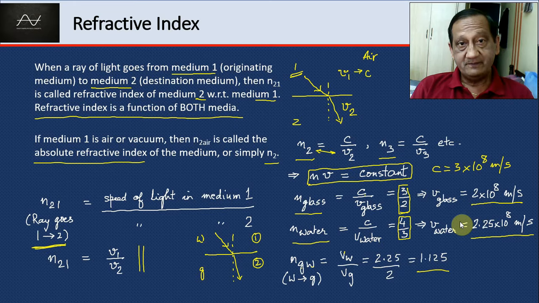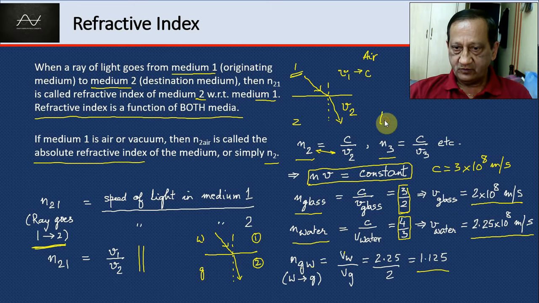Now, if you compare water and glass, water has a lower refractive index. That means the speed is higher. So wherever the speed is lower, we say it is more dense. Please remember that. Lower the speed in that medium, more dense the medium.